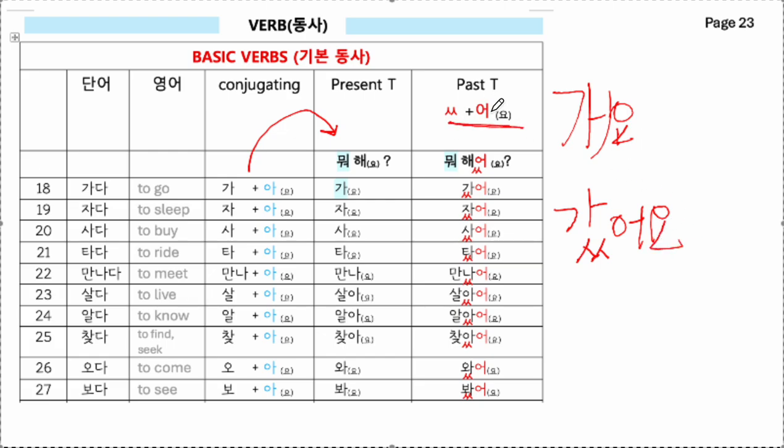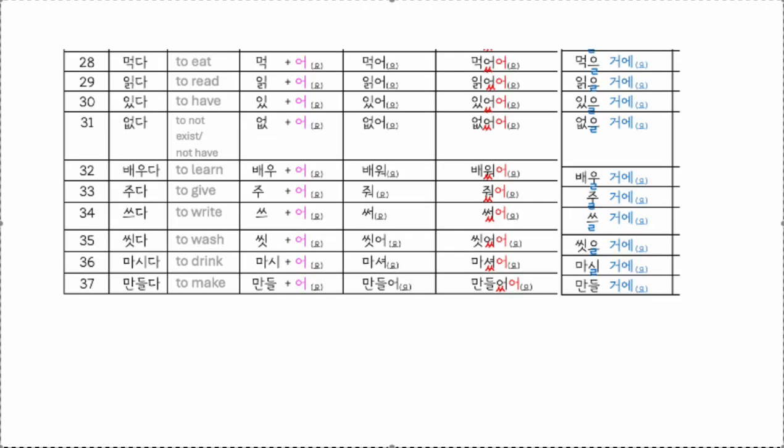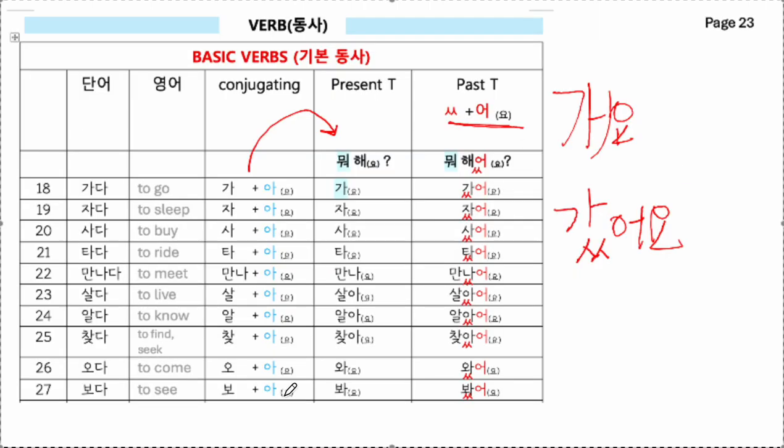Here, right? 잤어요, 샀어요, 탔어요, 만났어요, 살았어요, 알았어요, 찾았어요, 왔어요, 봤어요. Right? Okay, same thing here. It's not 아요, but here is 어요. 먹었어요, 읽었어요.